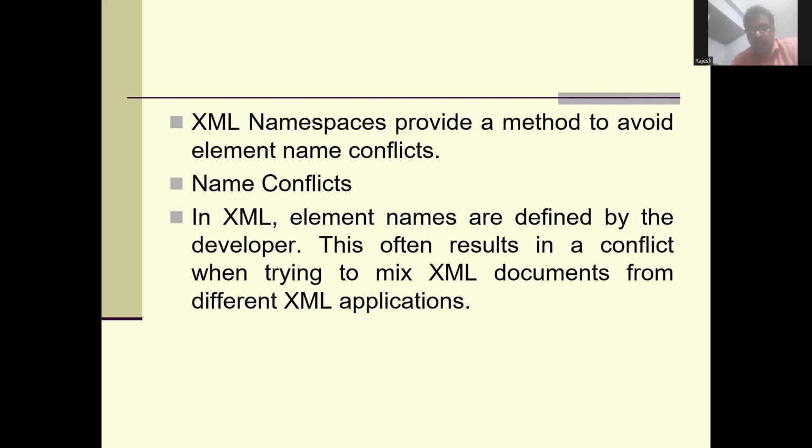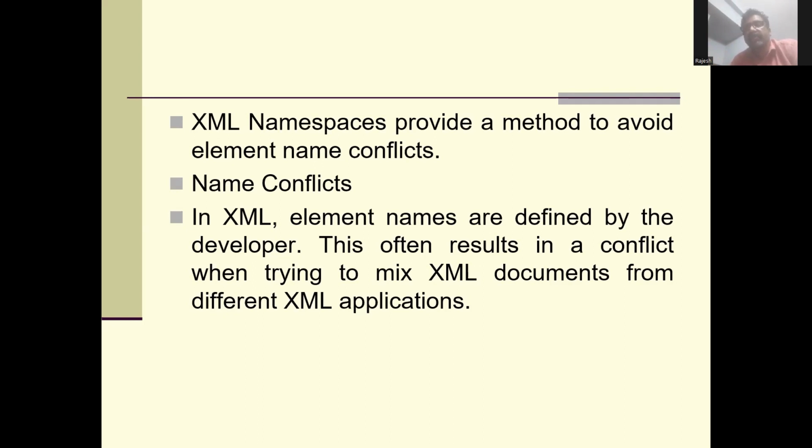So in order to avoid that, we need to use a namespace. Here we have the xmlns attribute, the XML namespace attribute. We have to include that attribute in the very basic element, the parent element. For example, if you have an element named table, HTML also has a table element, and furniture applications also have a table element. The furniture table will have name, width and length.